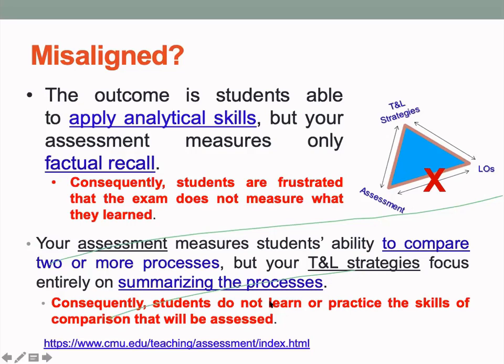Wow, we have a problem. So in this case we have misalignment between the LOs and teaching strategy, and teaching strategies and assessment method. So we don't want this kind of misalignment to happen. That's why as instructors, we have to design our teaching and learning strategy and also assessment so that they must be aligned with the learning outcome.